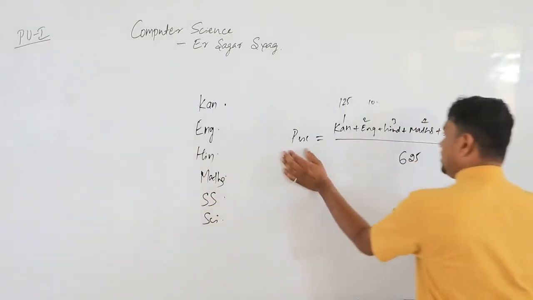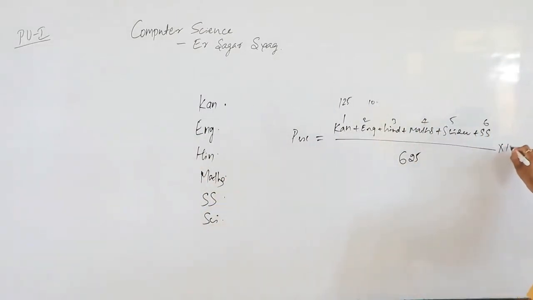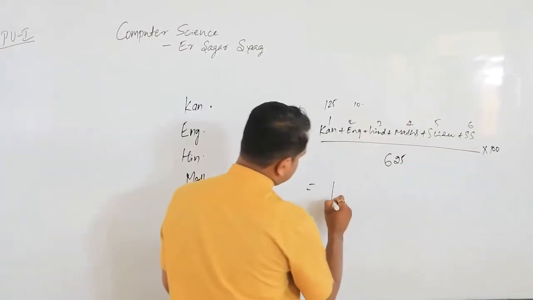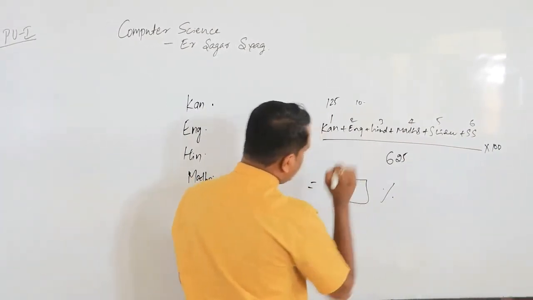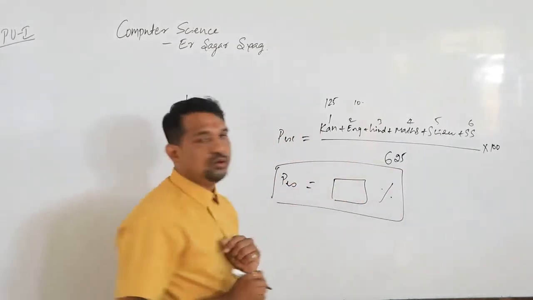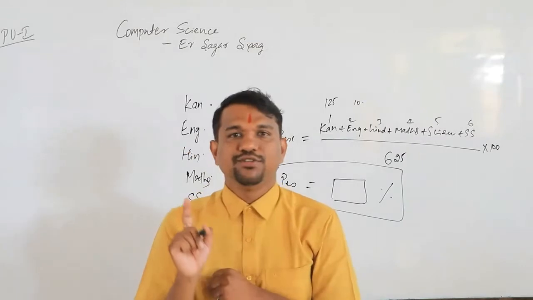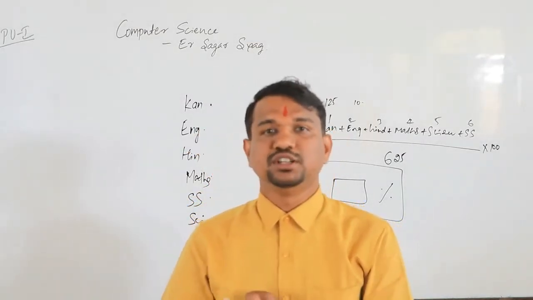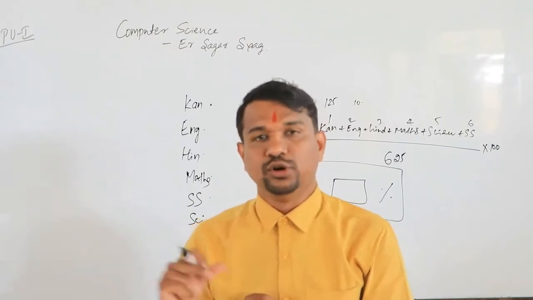And this is the percentage, and it should be multiplied by 100 to calculate the percentage. We will get some value, and that is called as percentage. So this is the formula to calculate the percentage of the marks, percentage of the students scored.